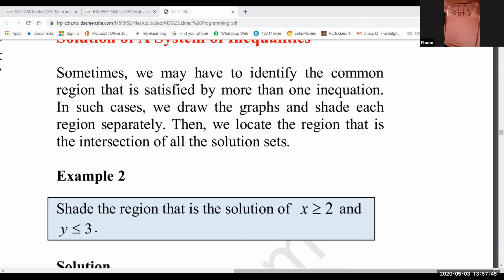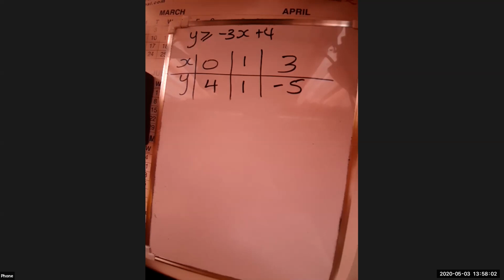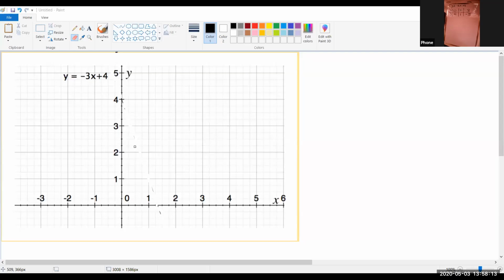I'm using my same graph we used just now, just erasing it. Right, are you all seeing the graph here?